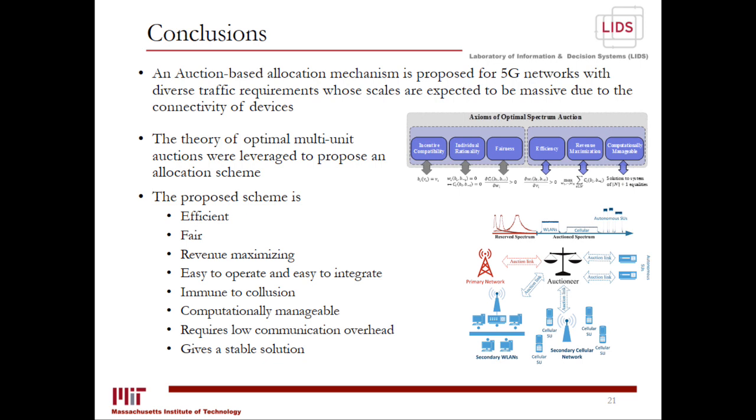Then it became LTE, and it became milliseconds. And there is a reason behind this. The faster we can do this, the more we can deal with the fluctuations, for example, in the channel, fluctuations in the load, different unpredictable factors. So there is definitely an advantage in allocating the resources more often.